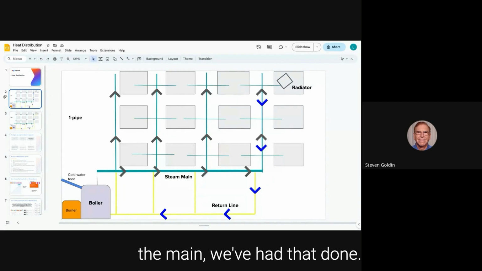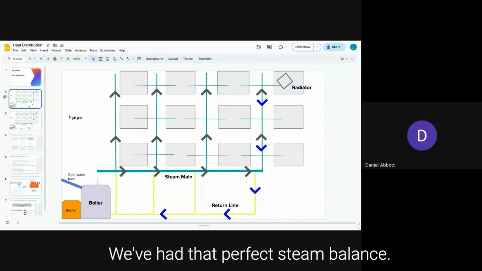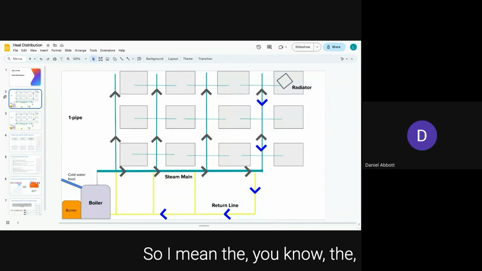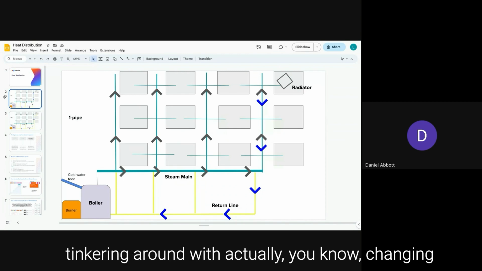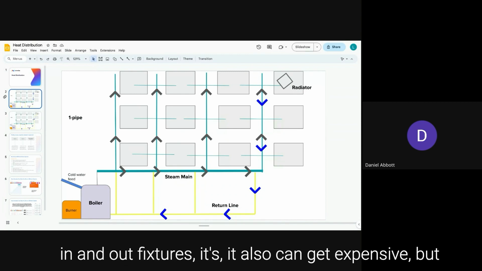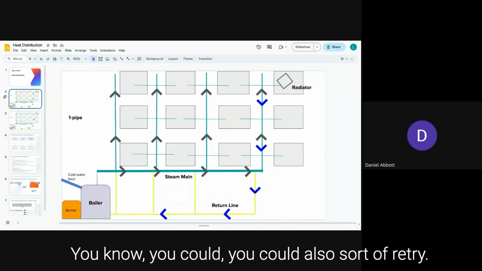Well, we've had that done professionally. Yeah, I mean, that's the whole building steam balance. So that's why this can be difficult. If you start tinkering around with actually changing in and out fixtures, it can also get expensive. But you could also sort of retry.